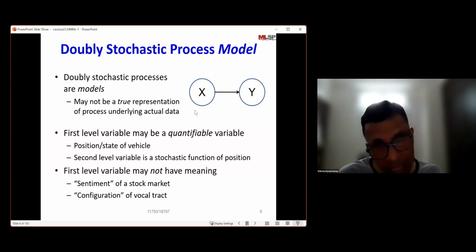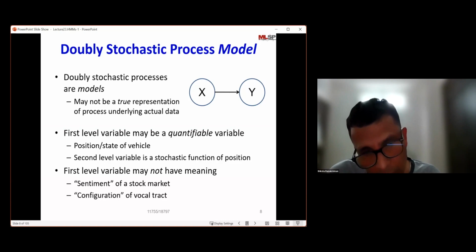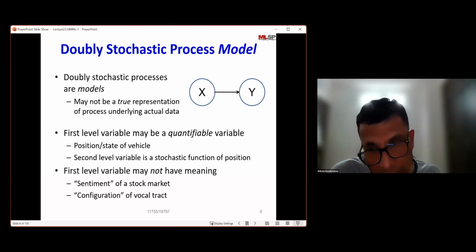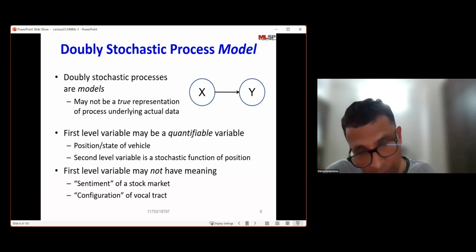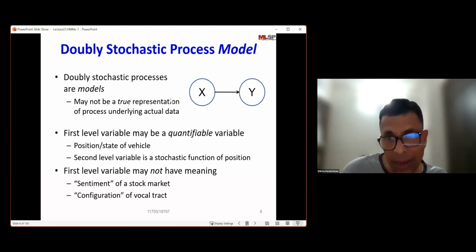In a different setting, x may not have a physical meaning. For example, x could be the sentiment of the stock market. What is the sentiment of the stock market? It's not a quantifiable thing. You can't attach a number to it, right? And yet, y is a function of this sentiment.